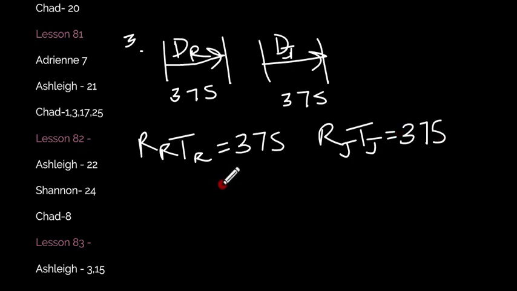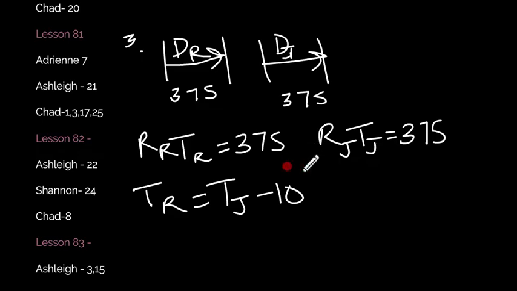So it took Roger 10 hours less than Judy. So we would do the time of Roger equals the time of Judy minus 10. And then it says this is because he traveled 3 times as fast as Judy. Wow, this is a rarity. The rate Roger equals 3 times the rate of Judy. So we're going to pick an equation to put these into.